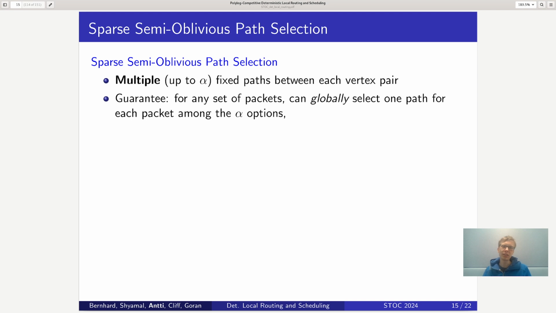The guarantee here is that for any set of packets, after looking at these alpha fixed paths for any packet, we can centrally select one path of them for each packet, and then have a path set where the selected paths have congestion plus dilation at most beta times the optimum.